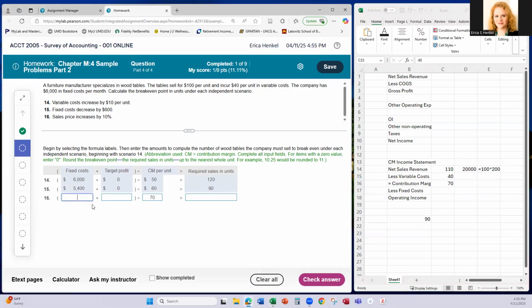And again, we're back at our base scenario for fixed costs with zero target profit. So 6,000 divided by 70 gets me 85.71. We round the break-even point up to the nearest whole unit, because we can't sell a partial unit, right? So 86 units we would have to sell.